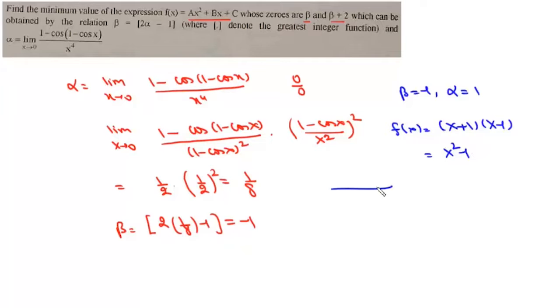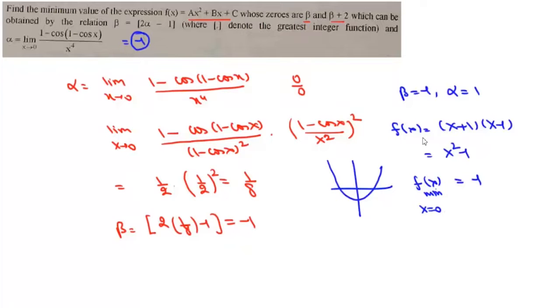Now if we look at this function, its minimum value will be when the value of x is 0. So this f(x), its minimum value will be minus 1 when the value of x is 0. So its minimum value is minus 1, and that is the answer to this question.